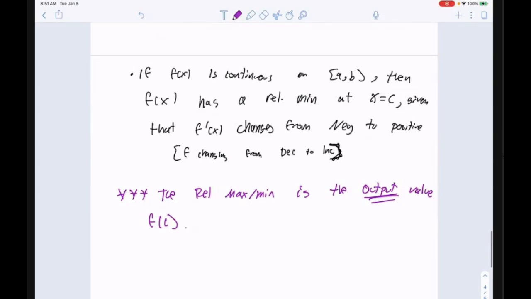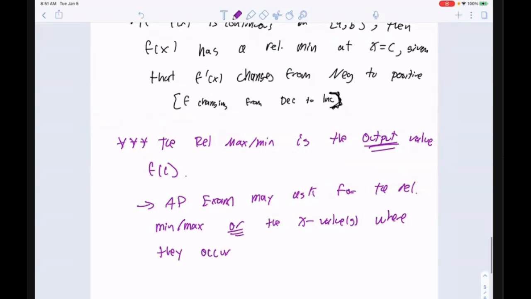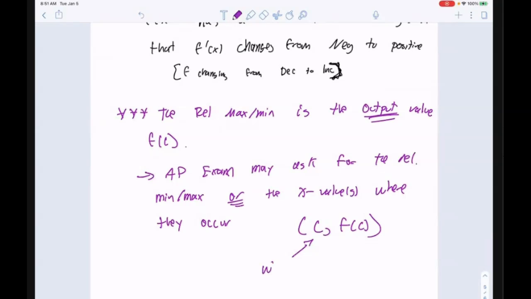The AP exam may ask for the relative min or max, or the x value or values where they occur. Because you have this coordinate c, f of c. This is where, and this is the what.